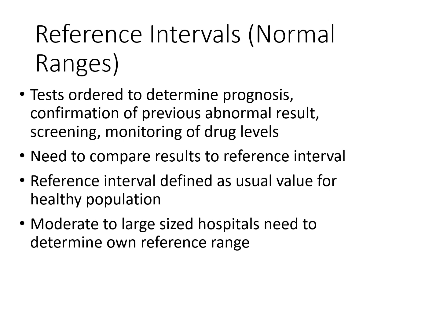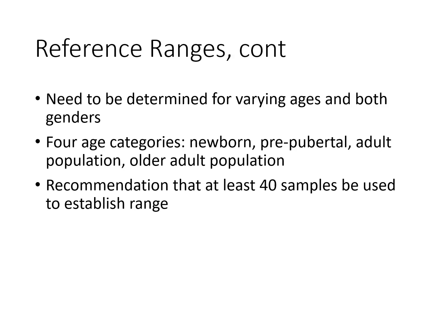The reference interval is defined as a usual value for a healthy population. Moderate to large size hospitals should determine their own reference ranges as they can vary from the general population. When you determine your own reference ranges, you do need patients of varying ages, and you do need both genders.